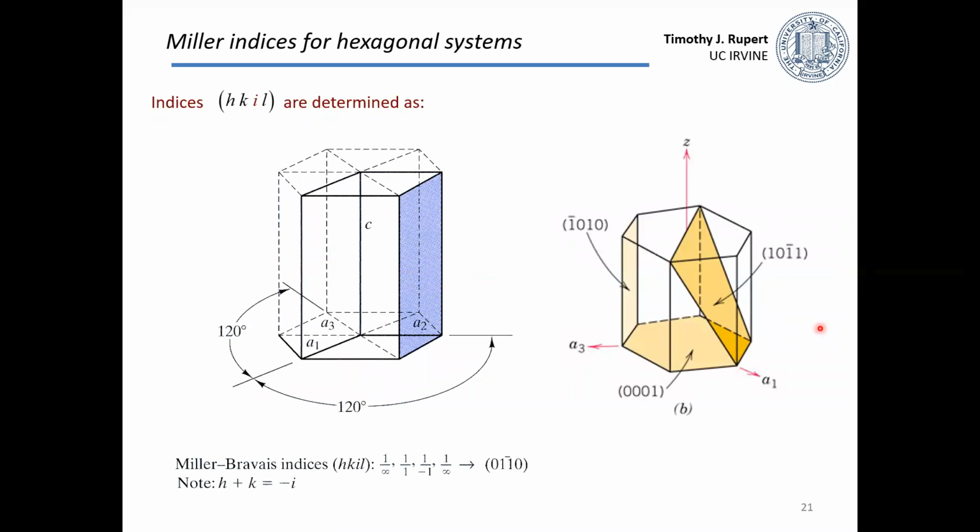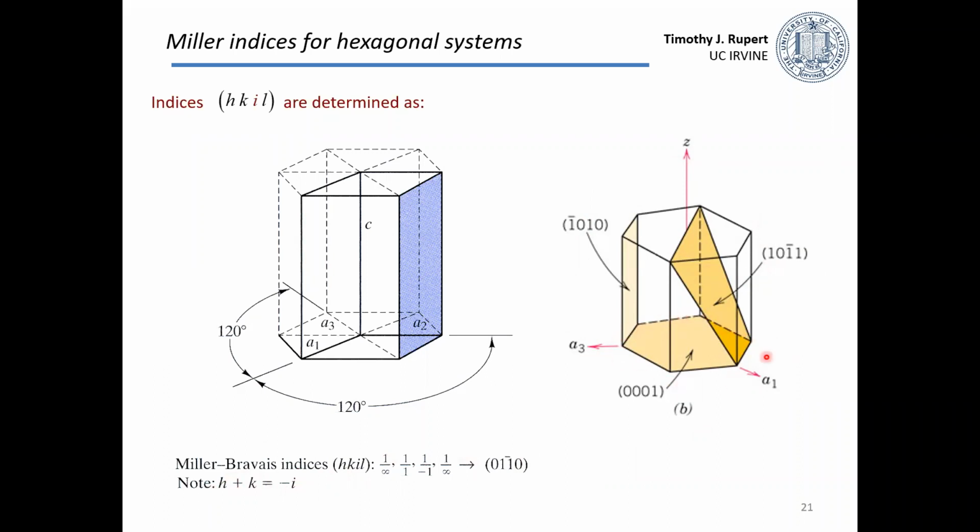This is just showing another example of how we could do planes for the hexagonal systems. You really take the same type of procedure. What are the intercepts? And then we'll flip them. Again, remembering to keep h plus k equal to -i. And on the right here, I'm just showing some very common planes that people care about in the HCP system.